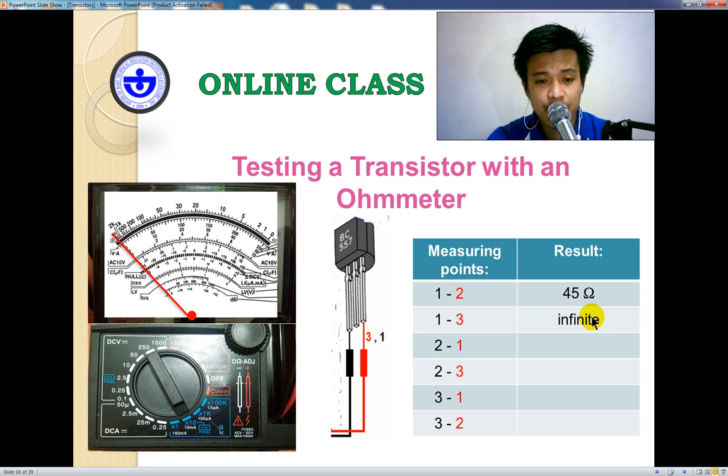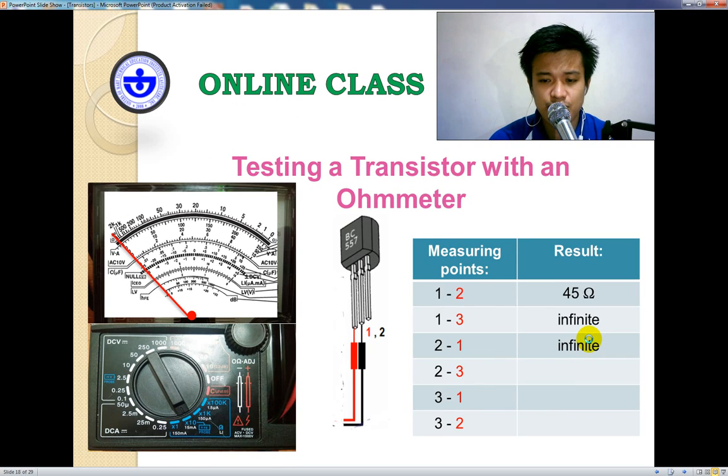Whatever I get in testing, I will just place it here. You have to place it here honestly, because that will help you identify what type of transistor it is, what the condition of the transistor is, which leg is the base, and which legs are the emitter and the collector.